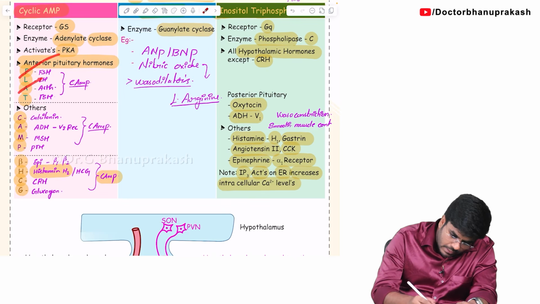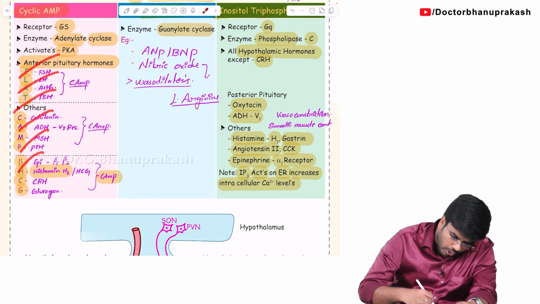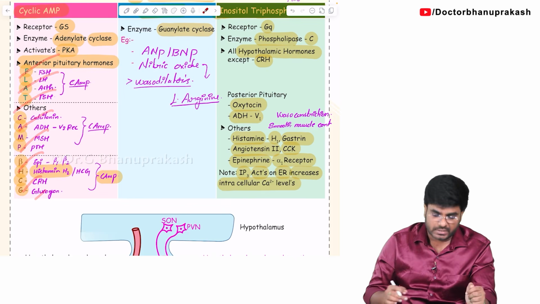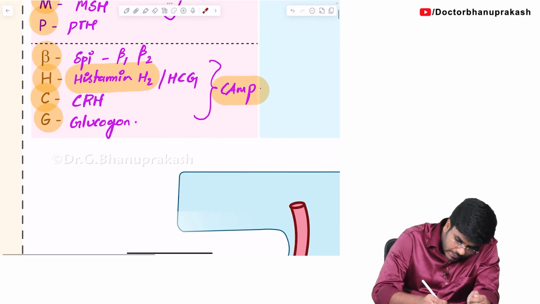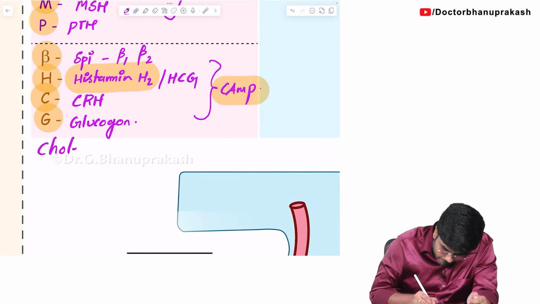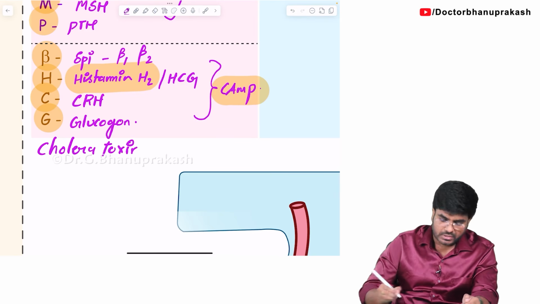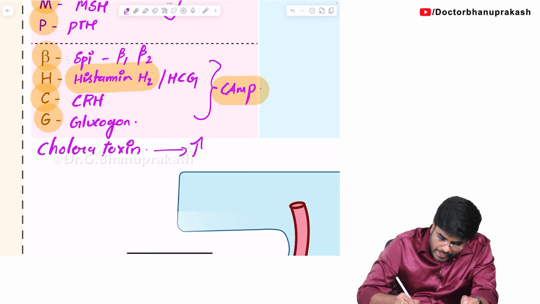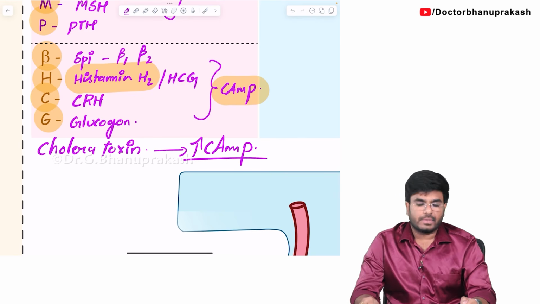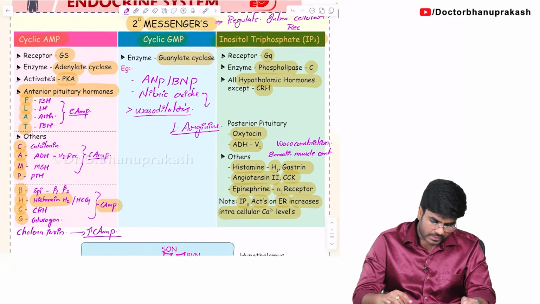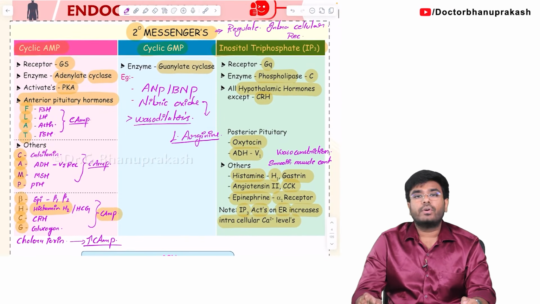So not only normal physiological hormones, but certain toxins like cholera toxin also act via the cyclic AMP pathway. These are the important secondary messengers I want you to know for your exams.